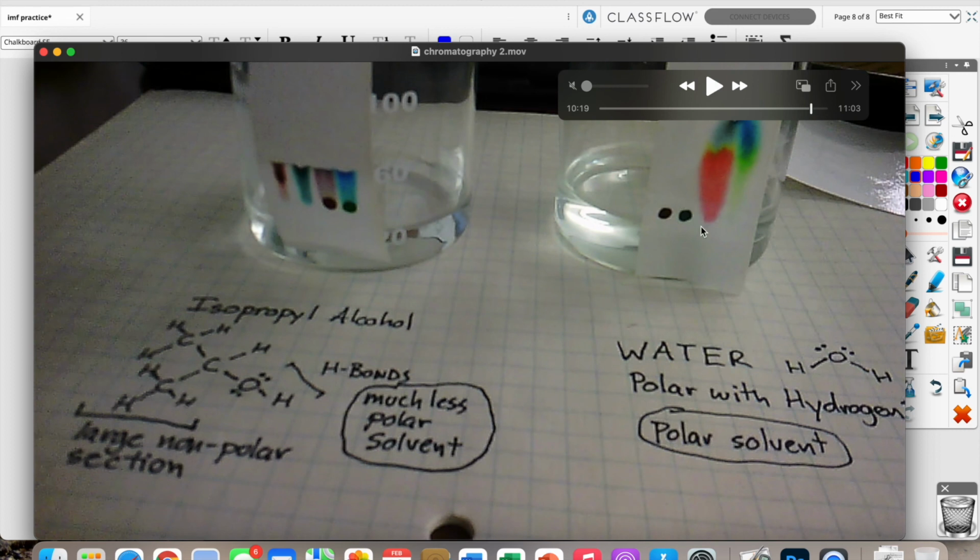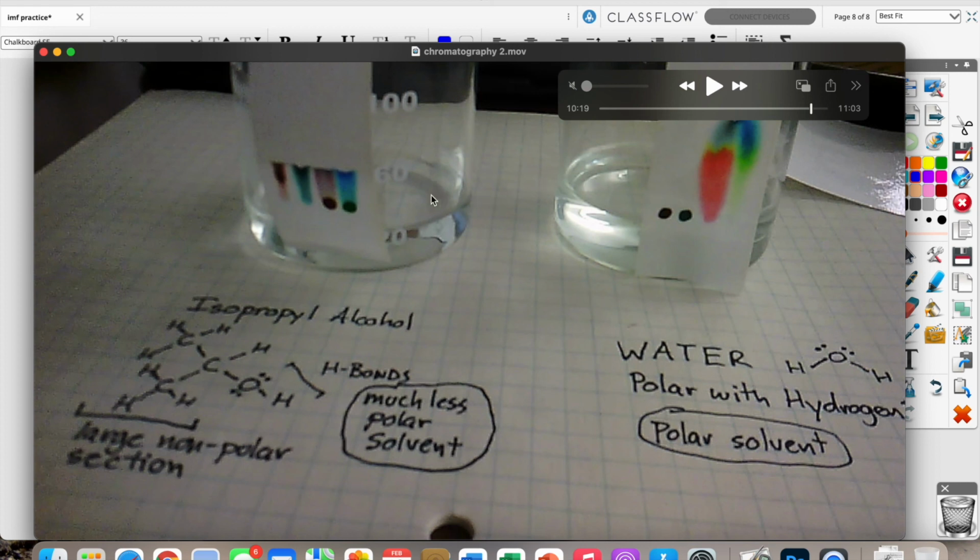You can see pretty clearly we have the water-based markers which move with water because like dissolves like, right? The non-water-based markers stayed behind. But when we used isopropanol, the non-water-based markers moved pretty well, and the water-based markers did not move much at all, right?